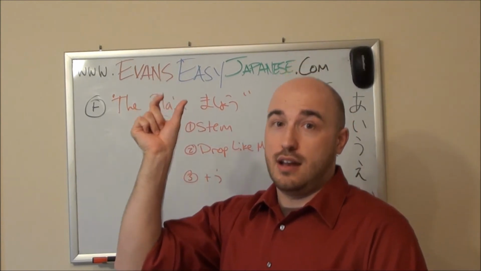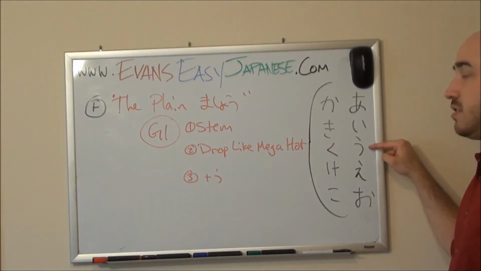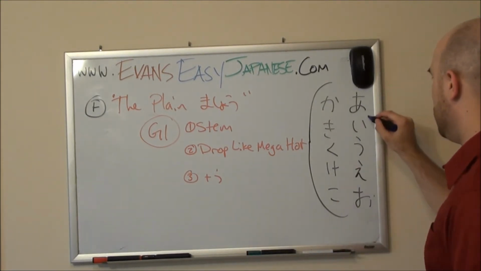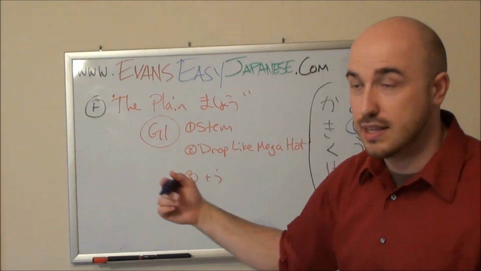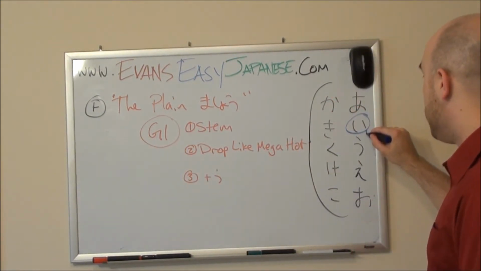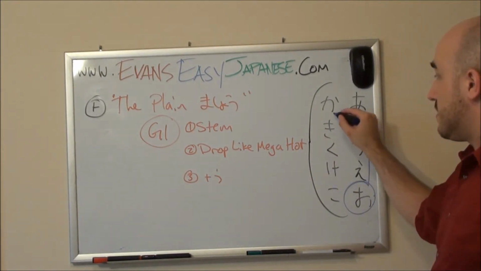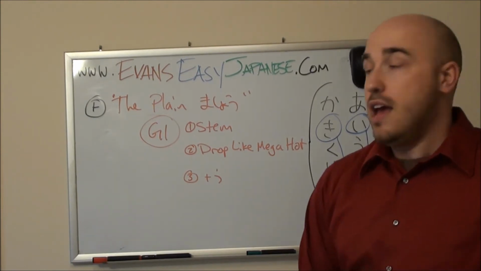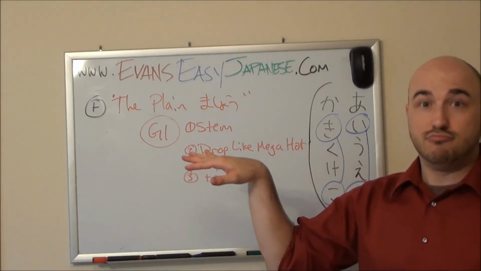You don't just drop it one time, you drop it all the way down to the O. Your stems are in the I, because they're Group 1s. Group 1 stems are always in the I, and they drop all the way down to the O's. Ikimasu's stem is iki. We drop it all the way down to the ko, okay? And that is dropping it down like it's mega hot.